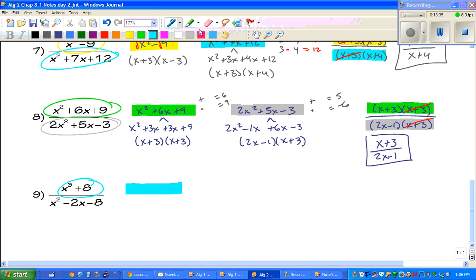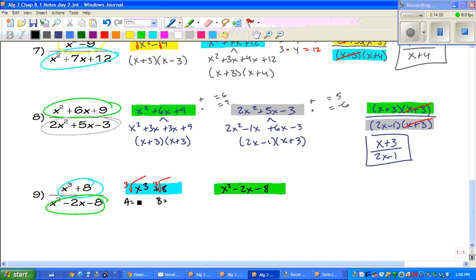So we got one right there, and then we got the green. So we have x cubed plus 8, and the other one x squared minus 2x minus 8. Now, in the blue, this is actually a sum of cubes. So we need to know what a is, and we need to know what b is.